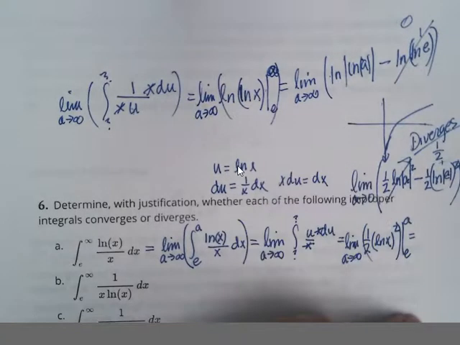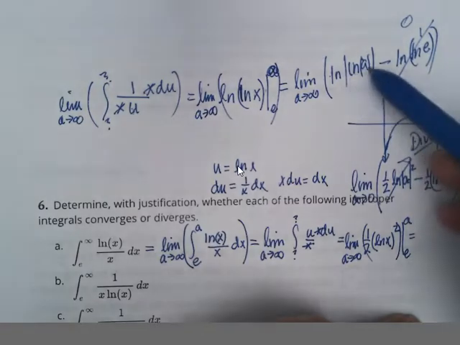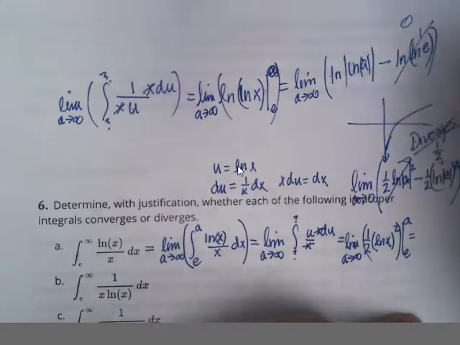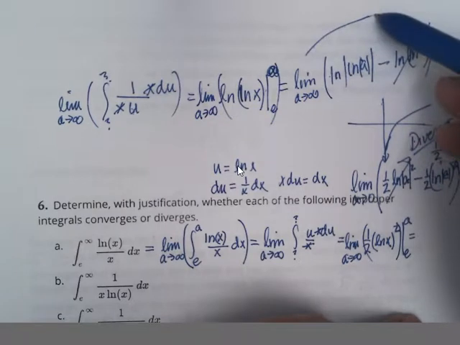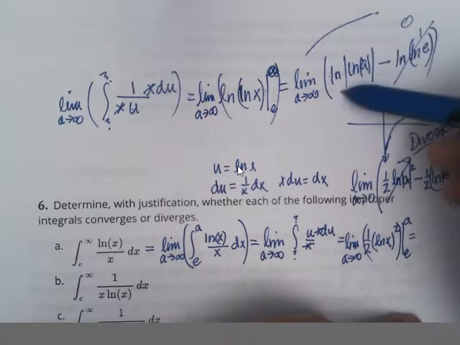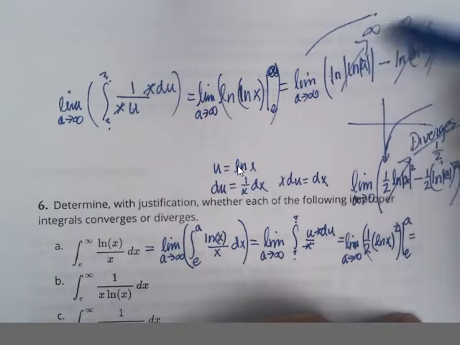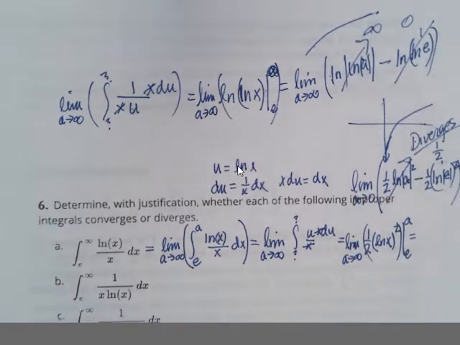That's gone. And so I just got to figure out what this does. That goes like this, and then the ln of this is still getting bigger and bigger, and so this is going to go to infinity, so this is going to diverge. So it didn't get small enough, fast enough.